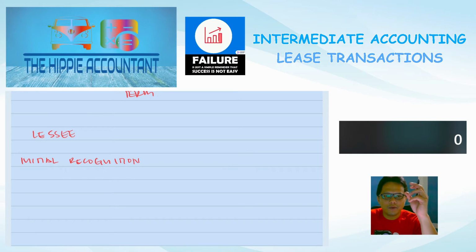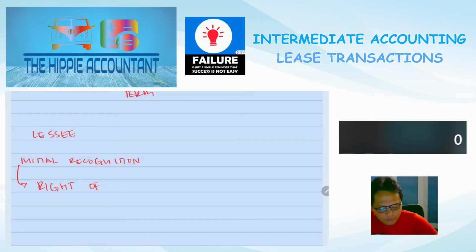However, the account that we will use is not the asset per se. But we will term it, or yung i-recognize lang muna natin is yung right of use. Okay?